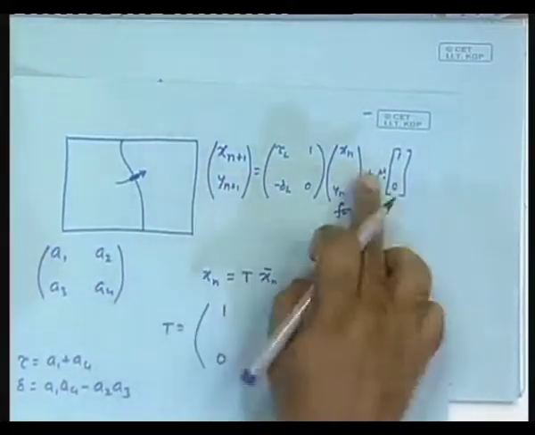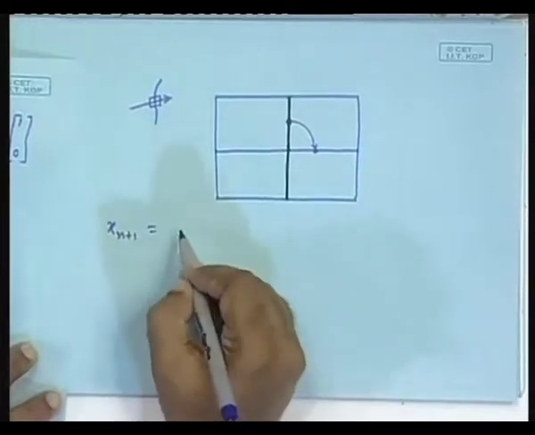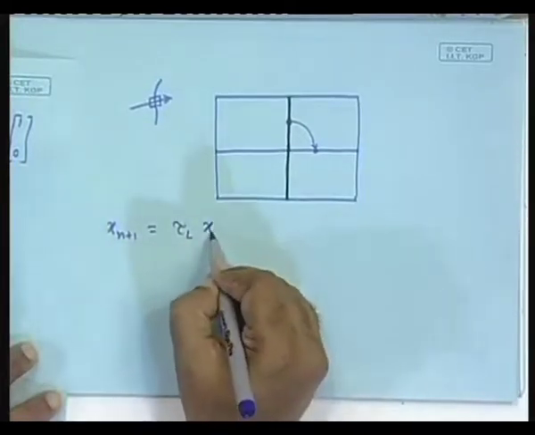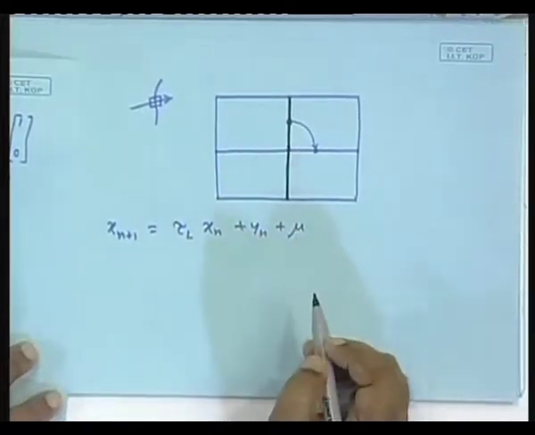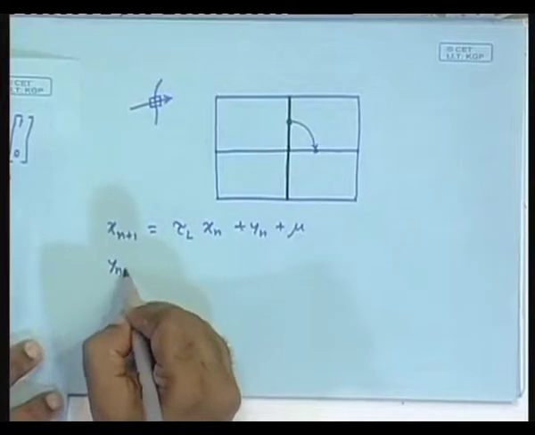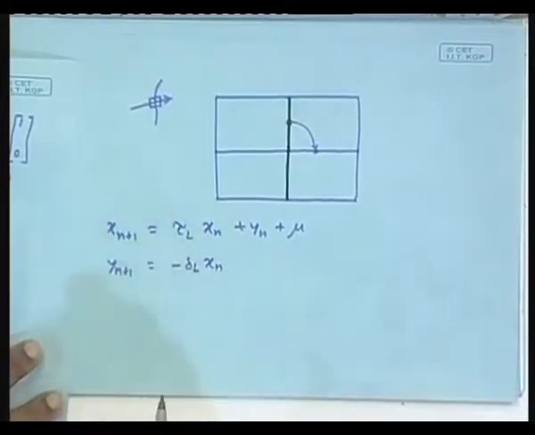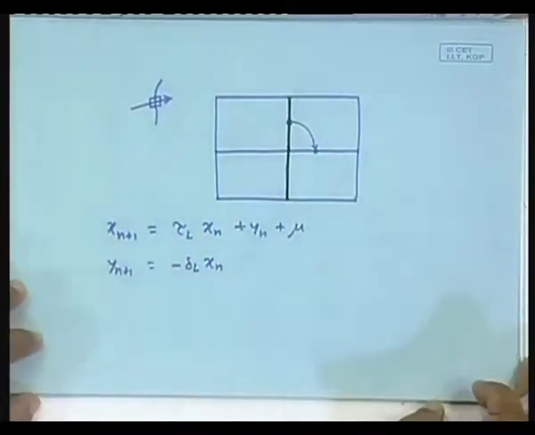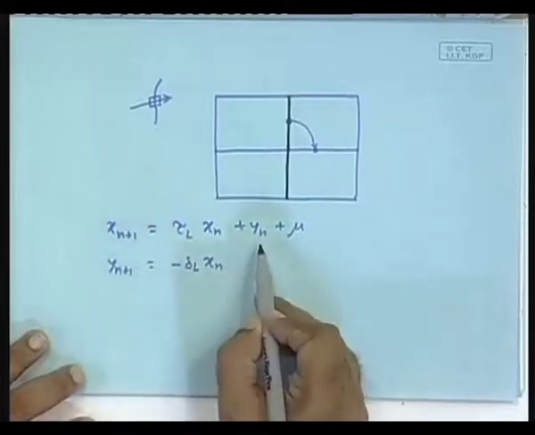So, let us write it individually. x n plus 1 is equal to tau L x n plus y n plus mu, and y n plus 1 is equal to minus delta L x n, that is all. Okay. How to find out the fixed point? You will say that x n plus 1 is equal to x n, y n plus 1 is equal to y n.